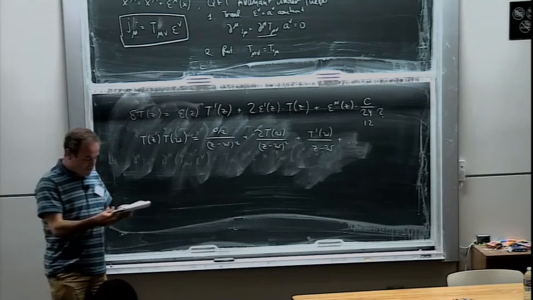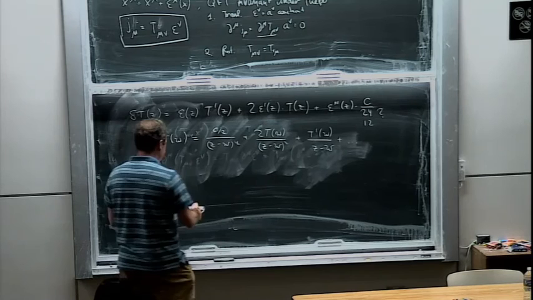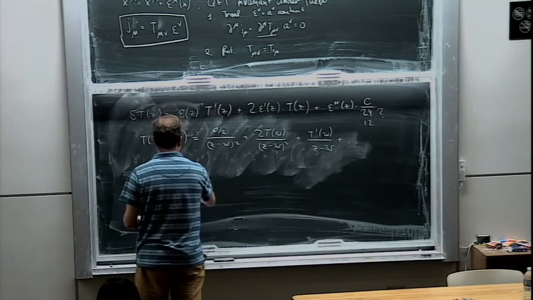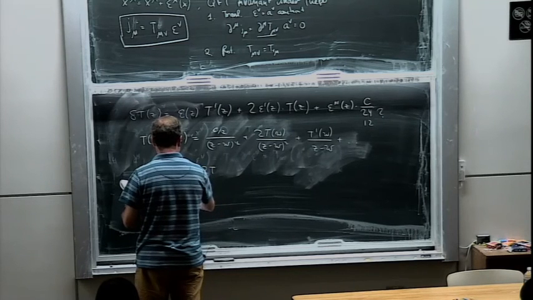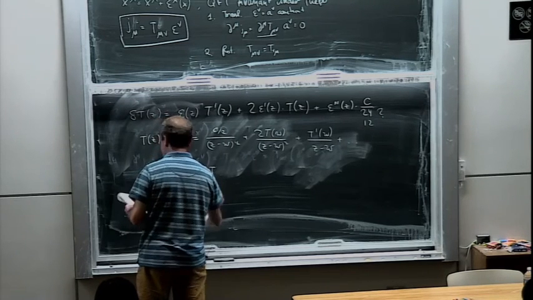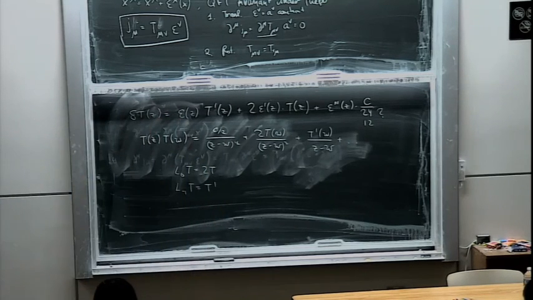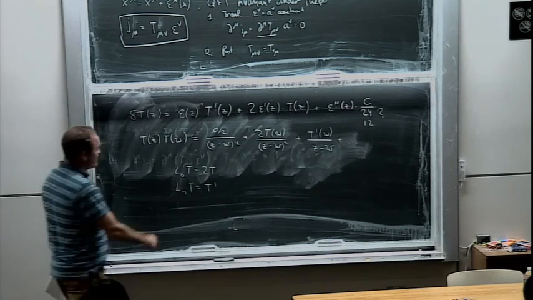And so it follows from here in particular that L0 acting on T is 2T. L minus 1 acting on T is T prime. And actually the same thing happens here with A. L minus 1 acting on A is a derivative. In fact, L minus 1 always produces derivatives when it acts on things, not even primary fields.